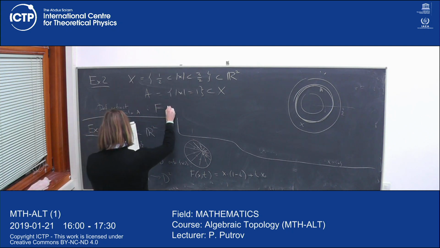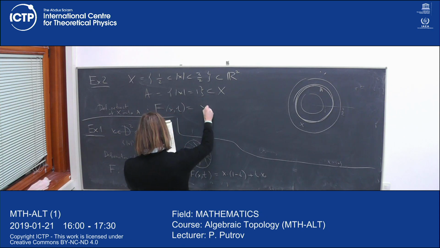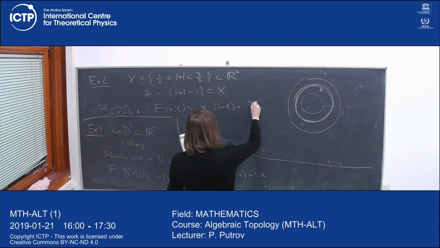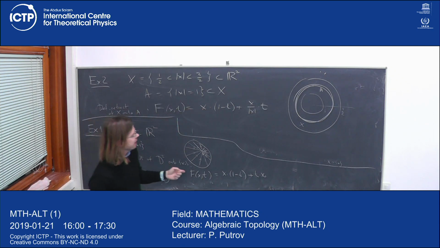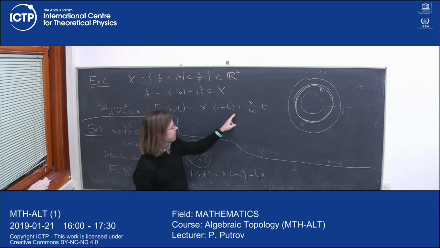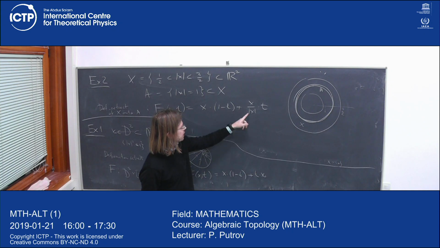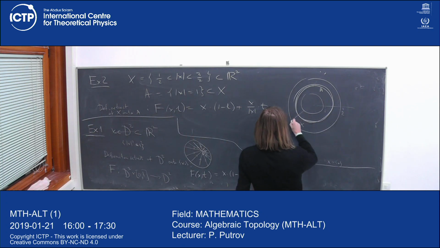Take f(x, t) to be the following. You can see that when t equals 0, this becomes the identity, and when t equals 1, you map the points to the points of unit radius, onto the unit circle. And again, you can realize it by drawing the projections.